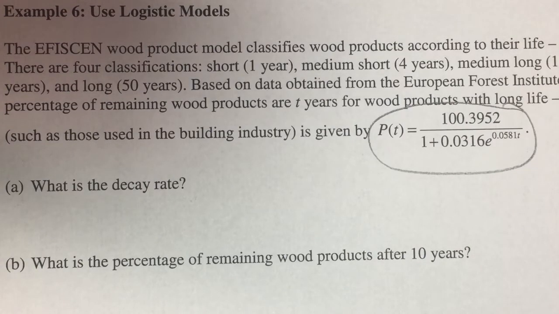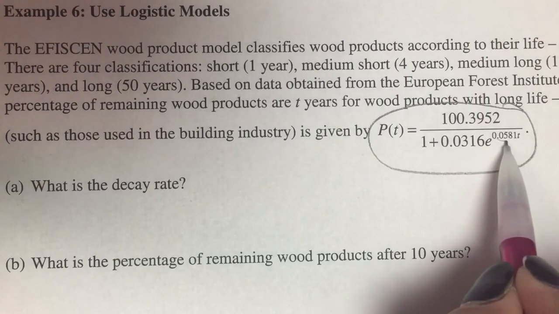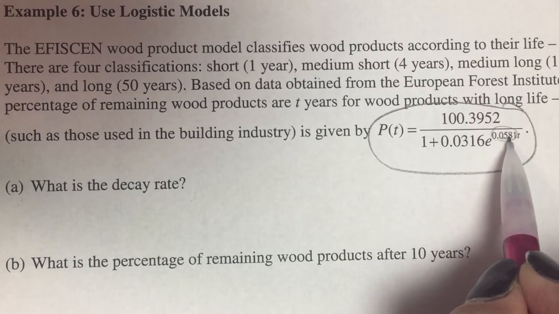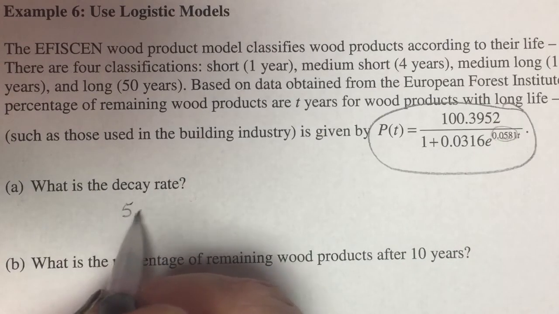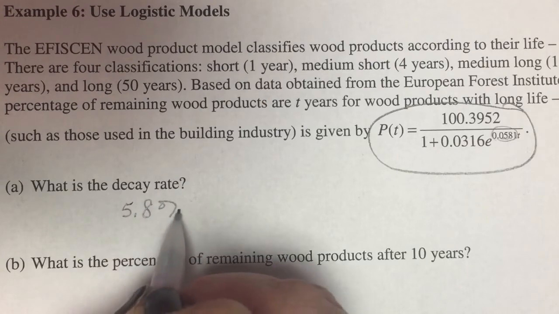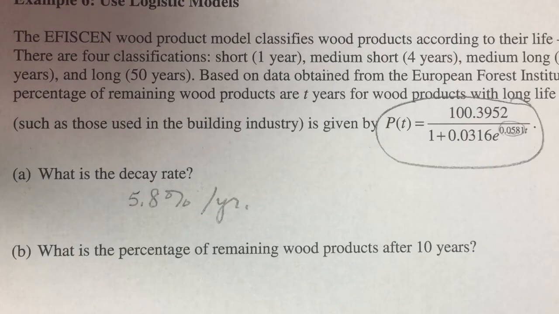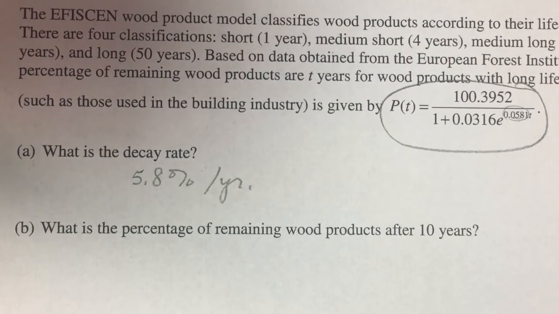So the first question is, what is the decay rate? Well, the decay rate is going to be right there. Move it over 2 places, and it's about 5.8% per year. What is the percentage of remaining wood products after 10 years?